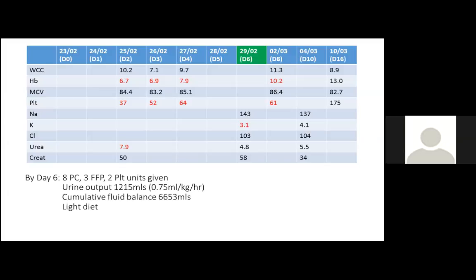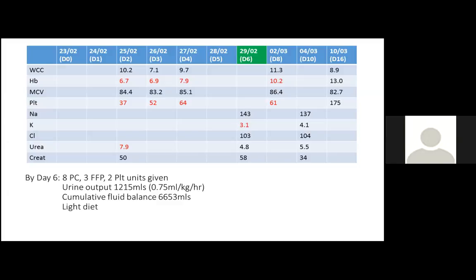So now there are other classification systems that you could use to predict a patient who would probably need more packed cells of blood transfusion, and you would evoke the massive transfusion protocol even before you have started giving even a single unit. So there are scores that involve laboratory investigations, like the McLaughlin score. This one would take longer because you need other clotting investigations like the APTTs and your INRs.